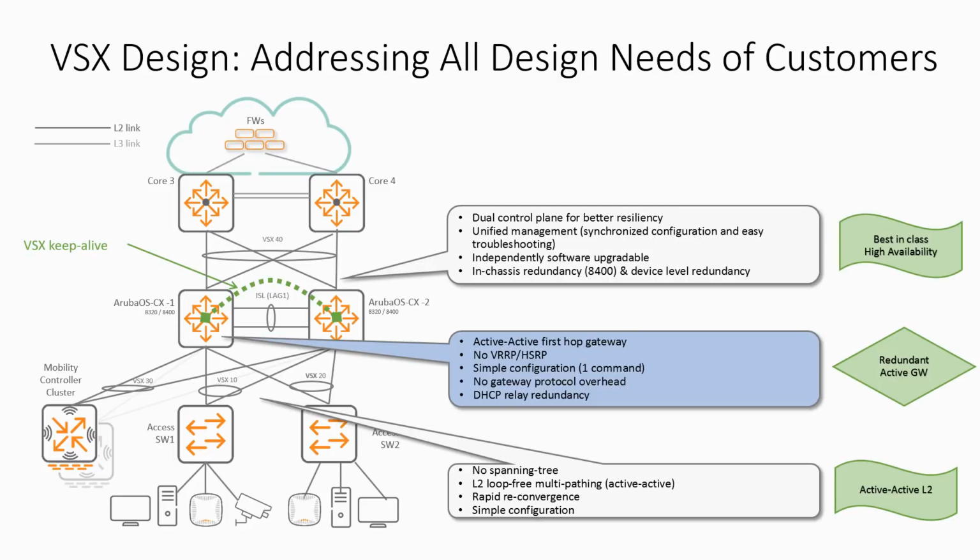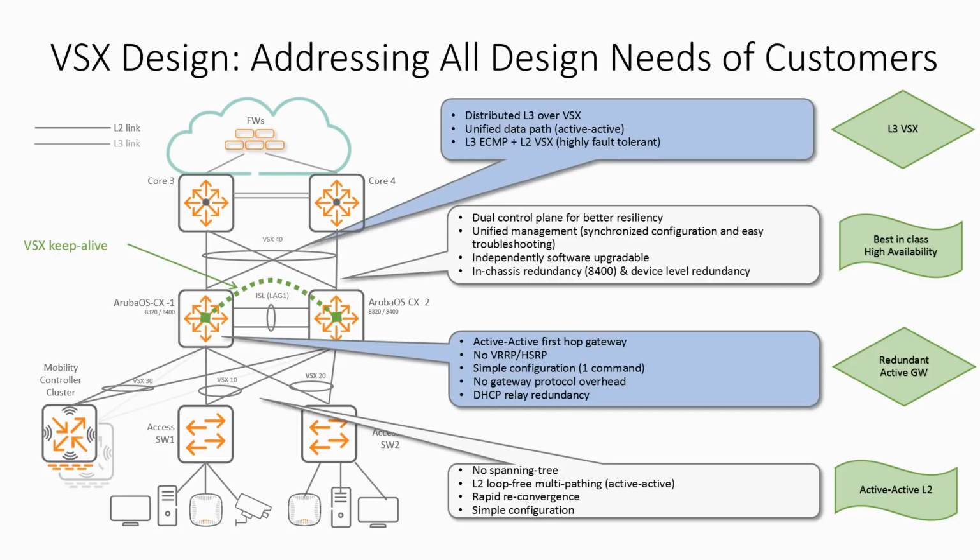VSX is providing carrier-grade high availability by utilizing a dual control plane for better resiliency, unified management, independent software upgrades, and in-chassis redundancy for the 8400 and device level redundancy. And then finally, with active forwarding, VSX allows you to efficiently route information, minimizing the traffic on the inter-switch link.